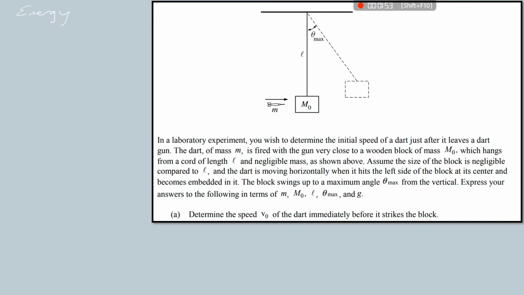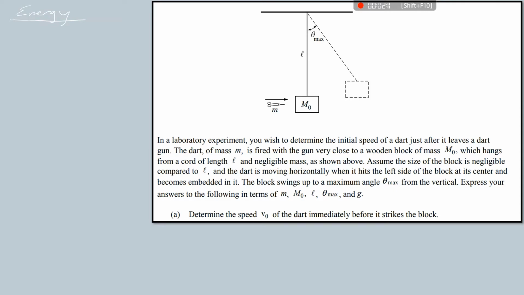So the V initial is the speed of the dart.